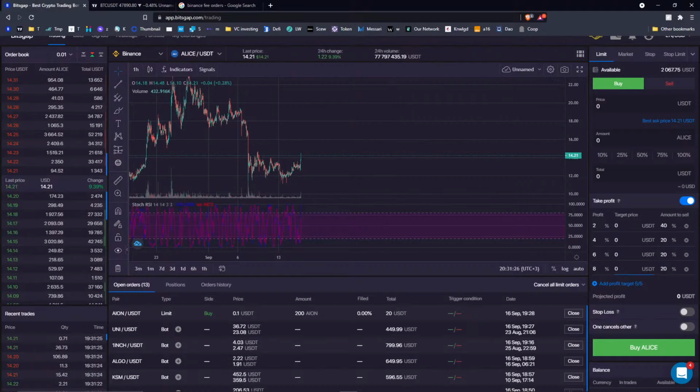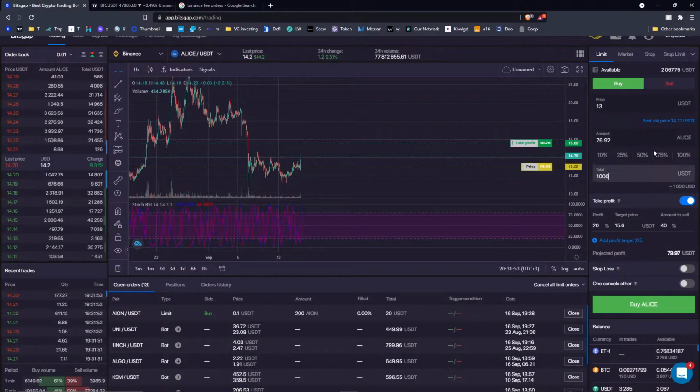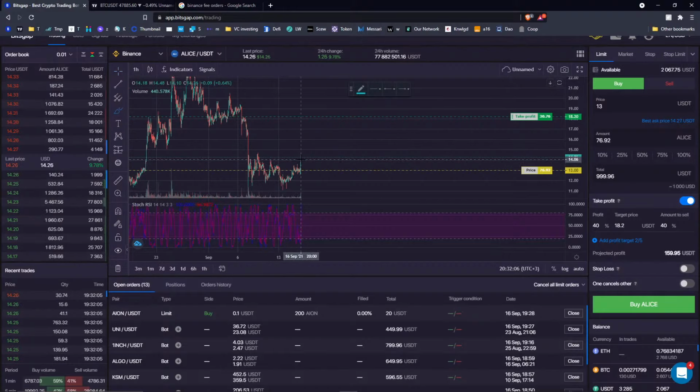Because for example, if you set just one take profit at the target price of, let's say, 20%, sorry, 40%, and let's say $1,000 at the price of $13,000, that way you need to wait for the price to rise by 40% from that point to lock in your returns.